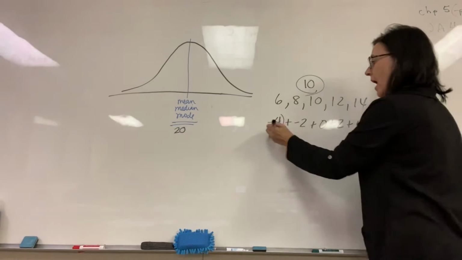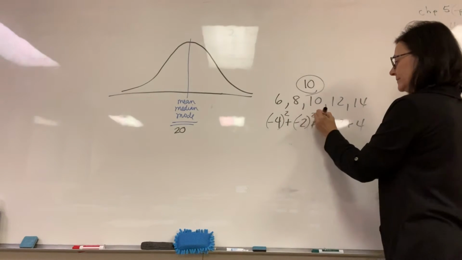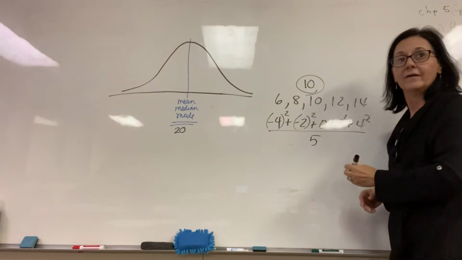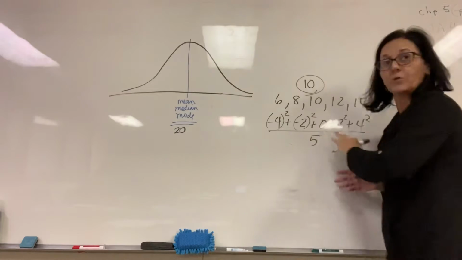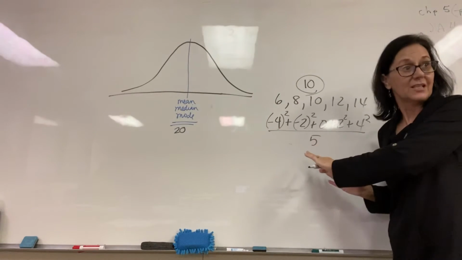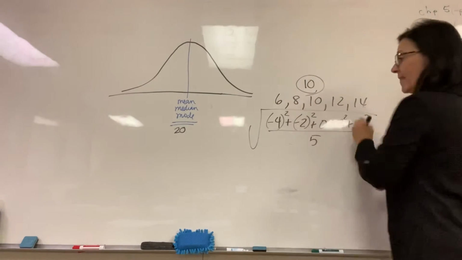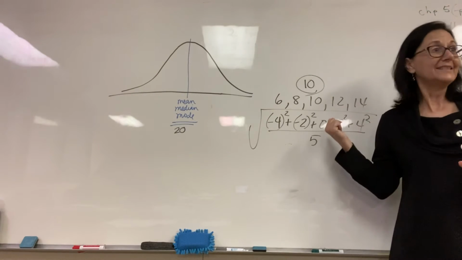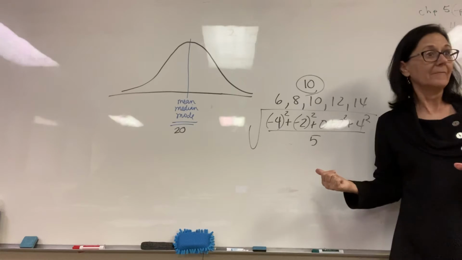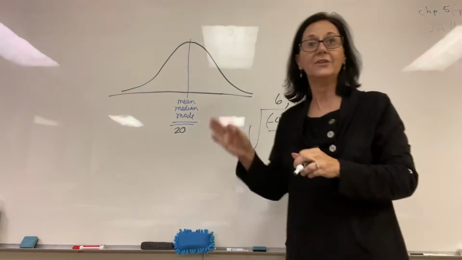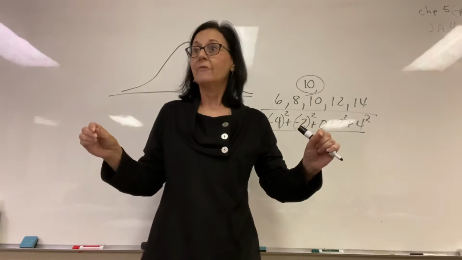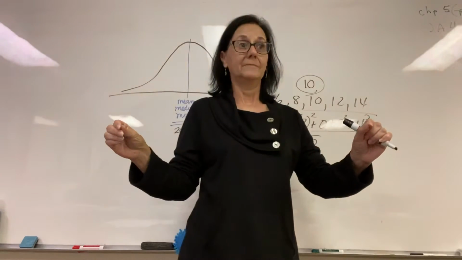That's why we square it, divide by how many there are, so we're taking the average of the squared distances, and then we take the square root, so that we're not just saying 0 divided by 5. That's what gives us the standard deviation. It's how far the data deviates from the mean.